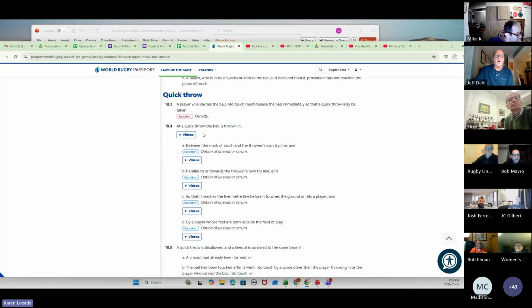A way to maybe remember this is when you're going to take a quick line out, you need to execute it perfectly. You are doing a riskier action to be rewarded by the other team not being ready. So you have to execute it perfectly, otherwise you're going to give up possession.